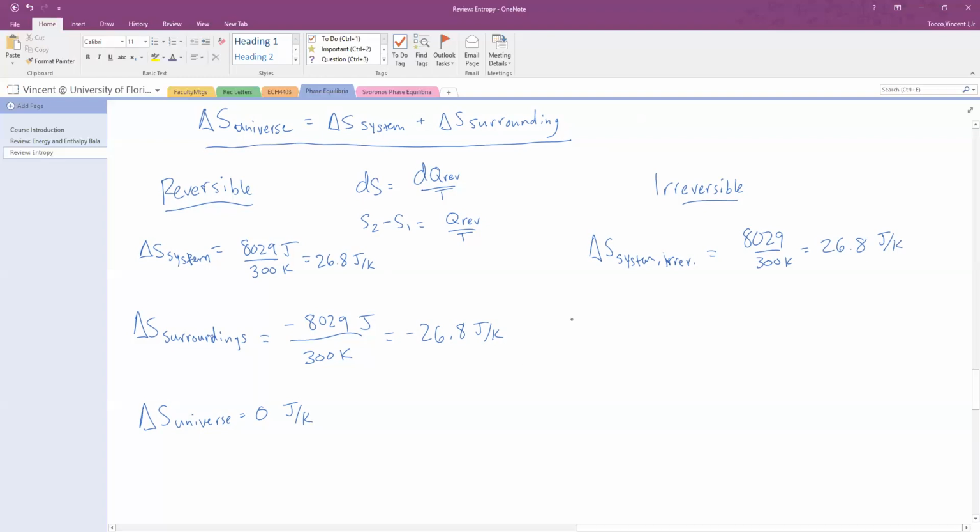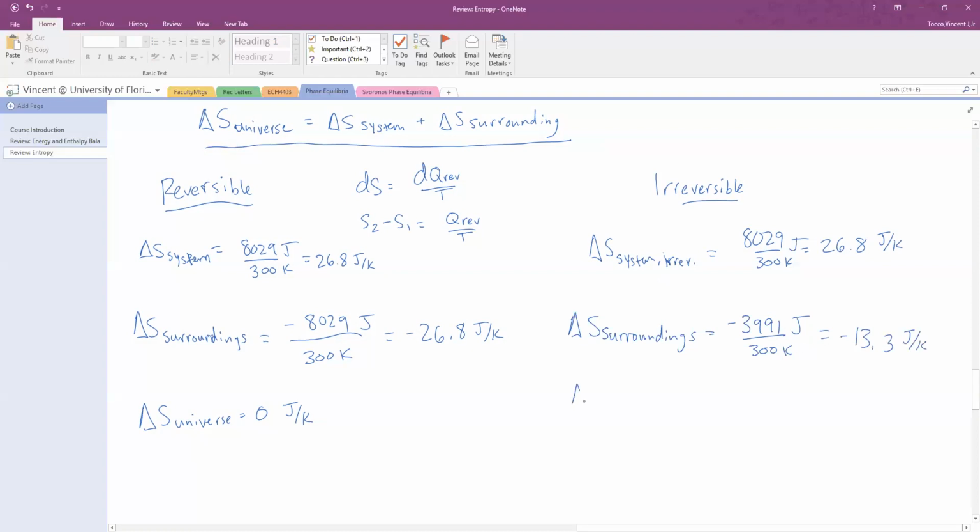So in this case, delta S for the surroundings is equal to minus the heat that is transferred to the system. So minus 3,991 joules over 300 K. And this calculation gives you not 26.8, but minus 13.3 joules per kilogram.